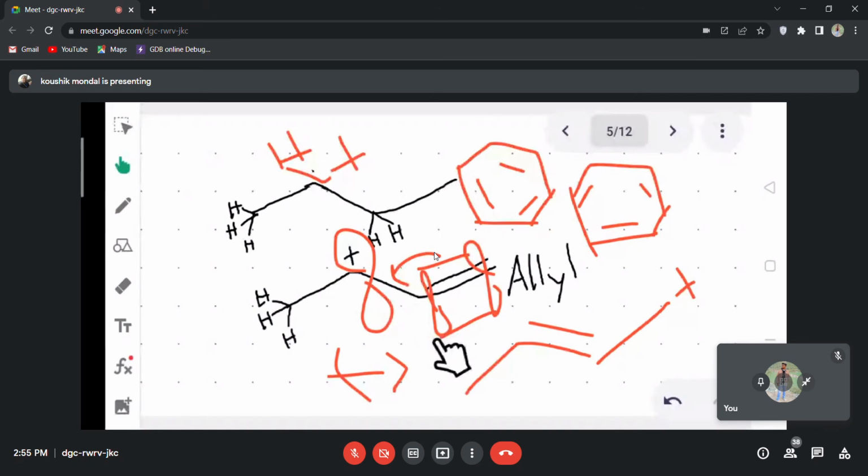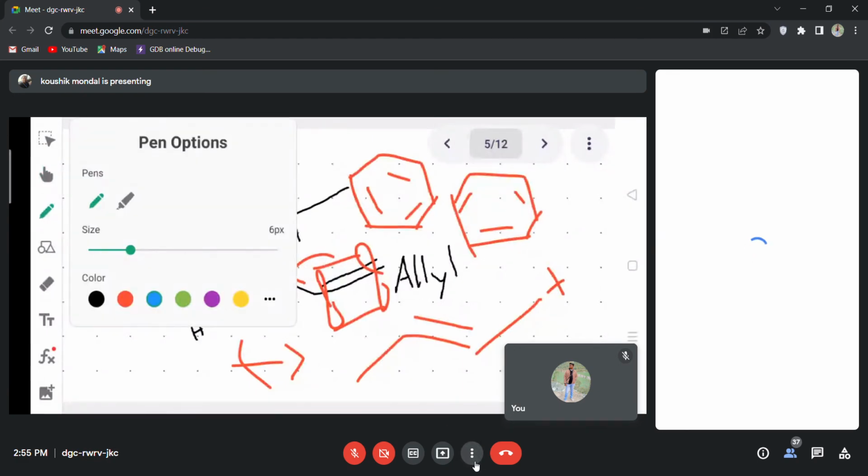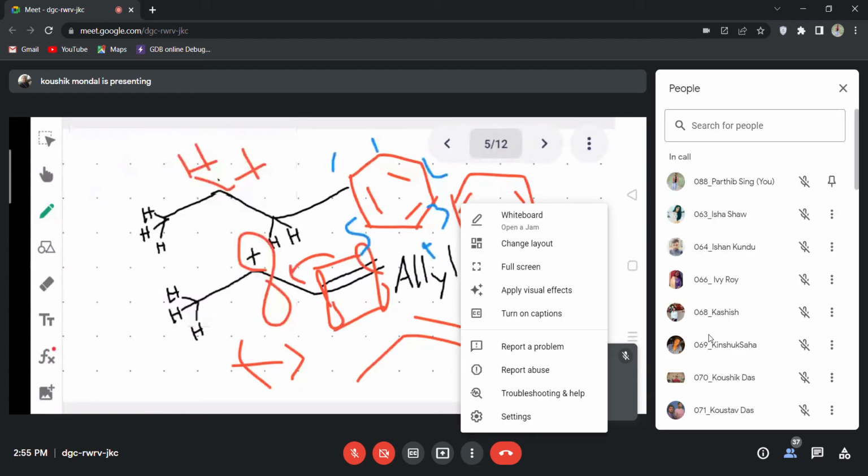Okay, so the structure of benzene can be written in this way, in these two forms. If we number the carbons, it is 1, 2, 3, 4, 5, 6.